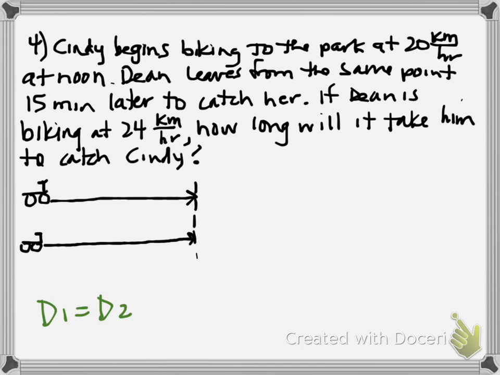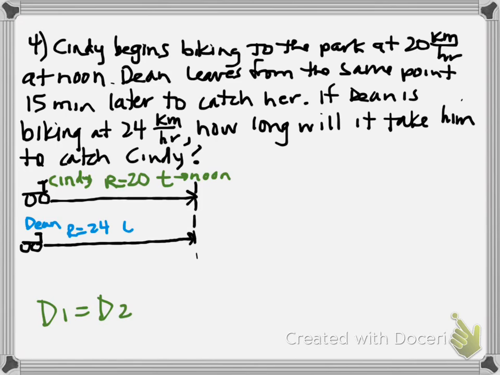So this is Cindy. And Cindy has a rate of 20 kilometers per hour. And we know time-wise, she leaves at noon. That's all we know. For Dean, we know that his rate is 24.